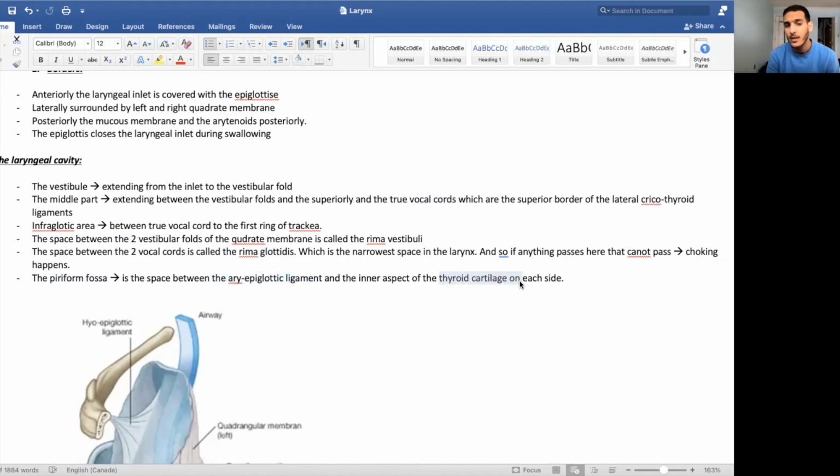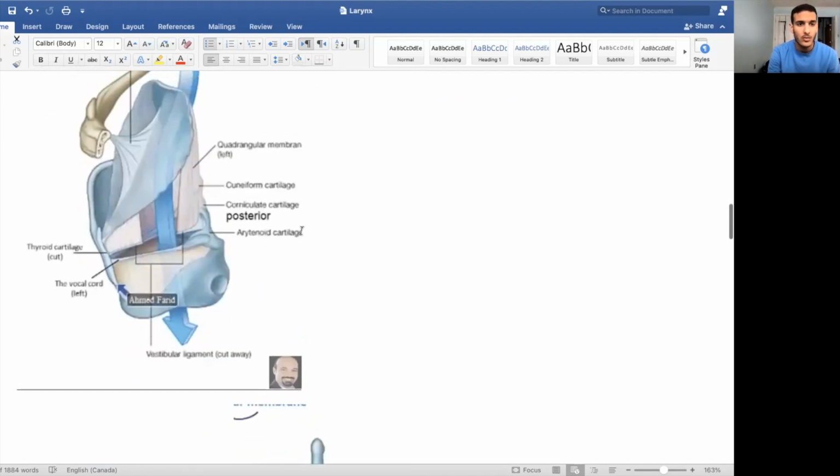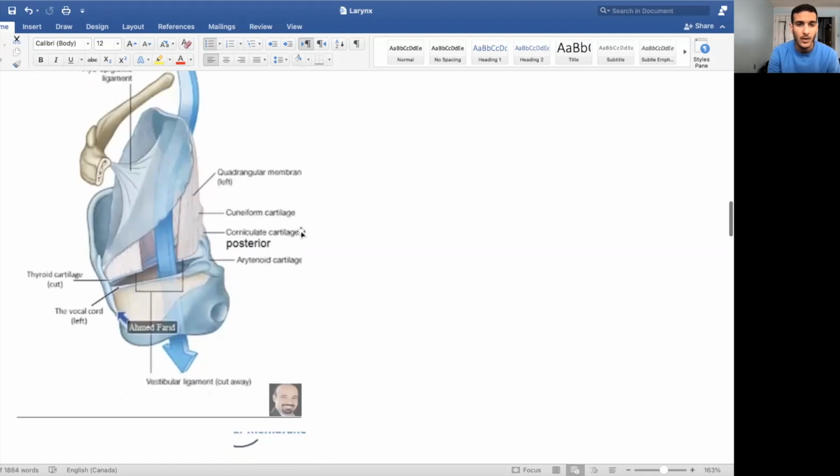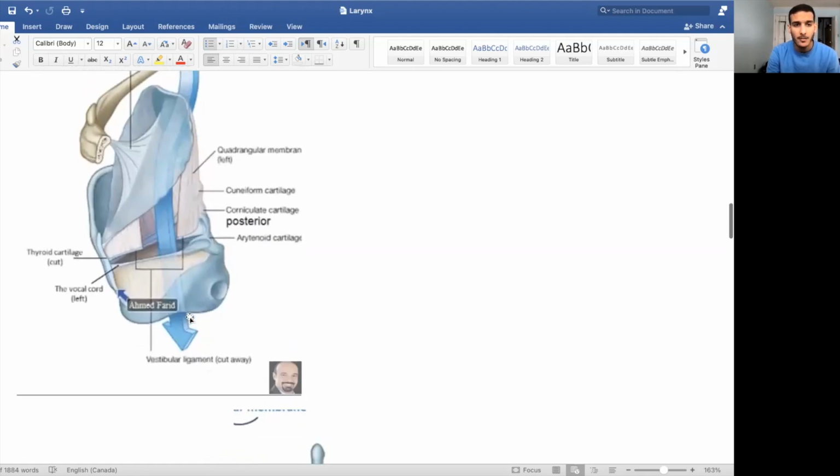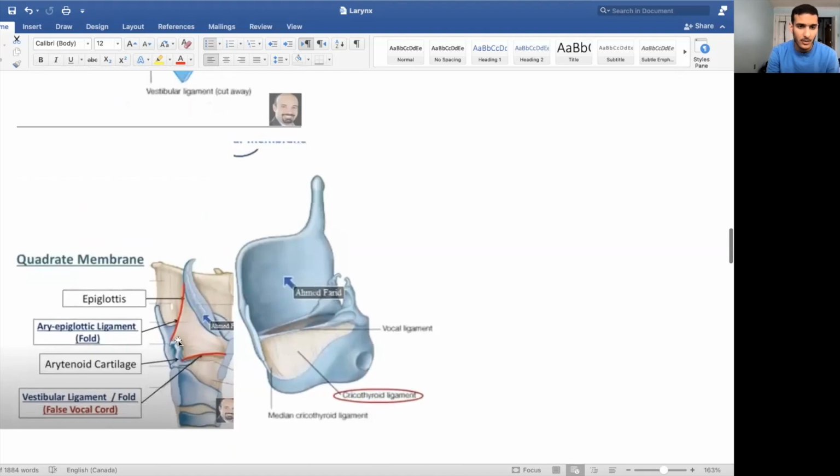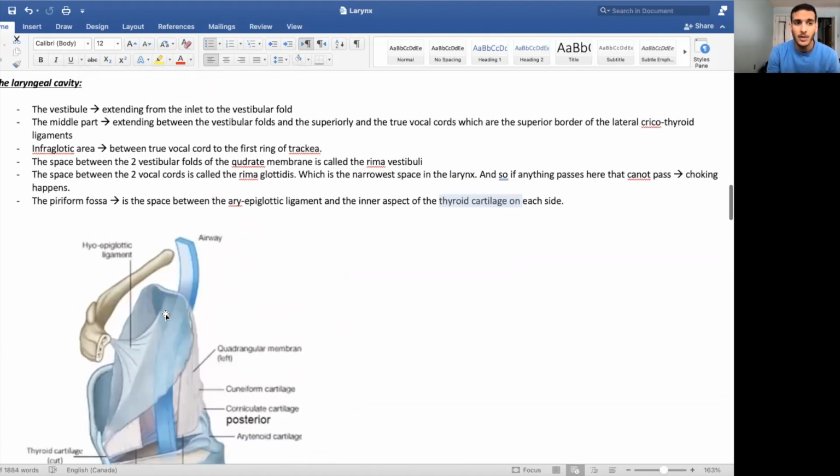So here you have the aryepiglottic ligament, and then lateral to it the thyroid cartilage, and that very narrow space on both sides, lateral to the laryngeal cavity between those two structures, is called the piriform fossa.